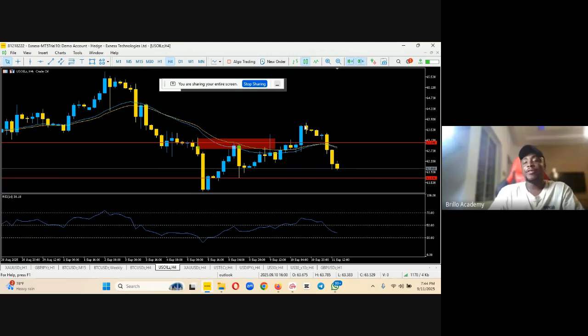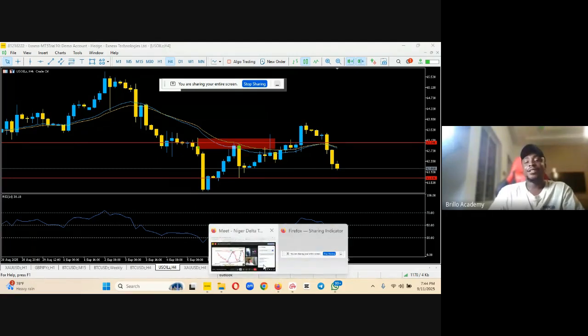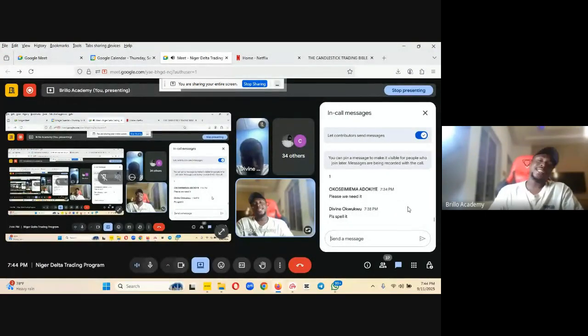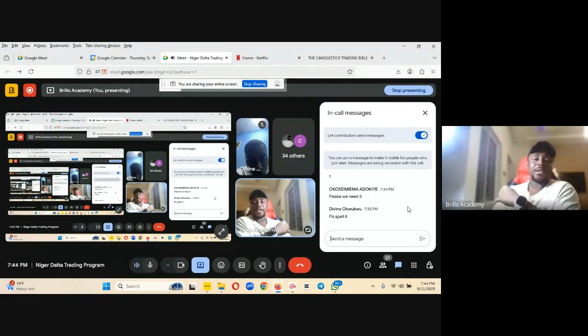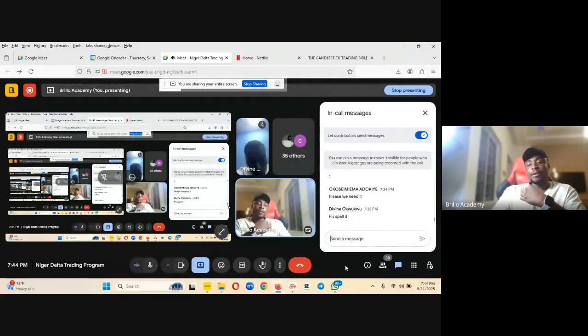What candlestick formation is this? If you know the answer, just type it in the chat box. Please type it so that I can proceed.